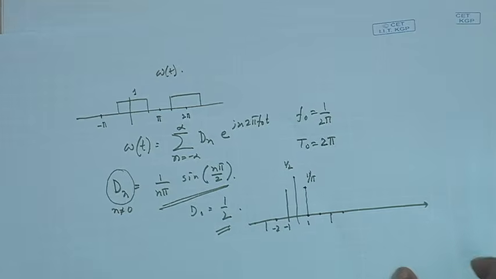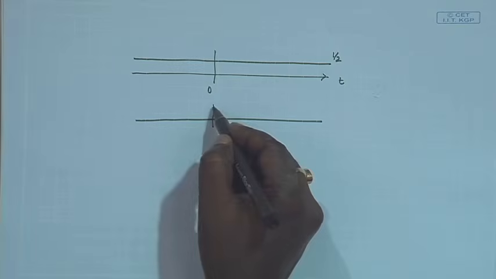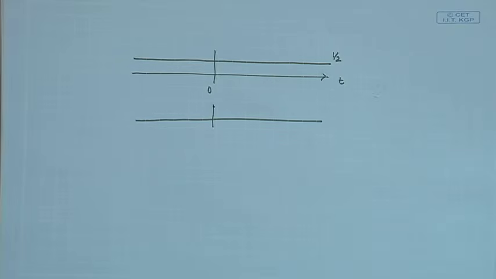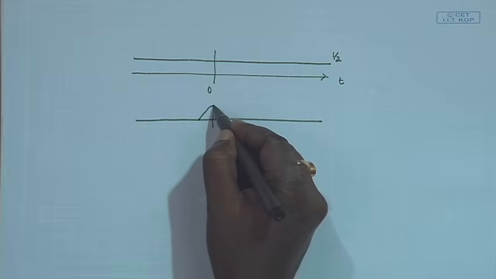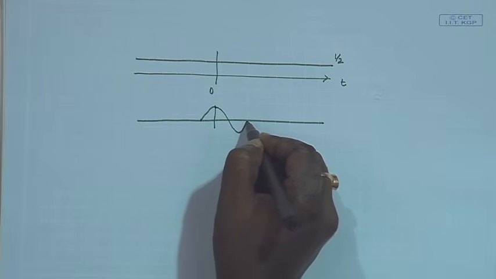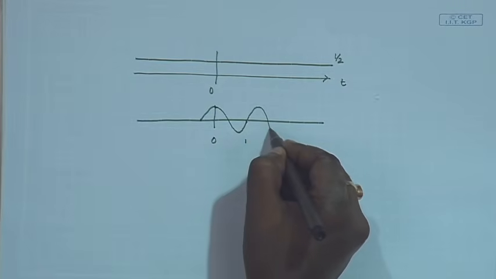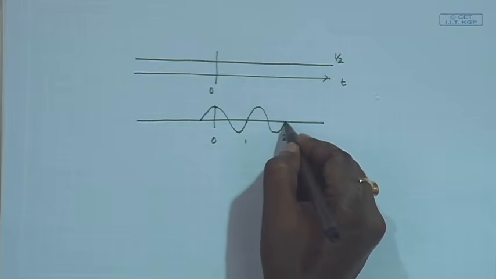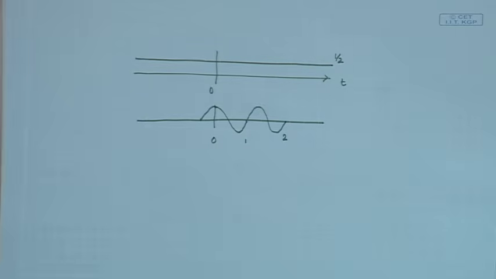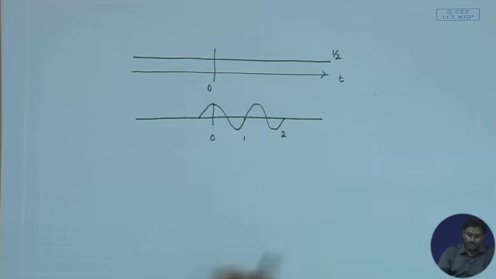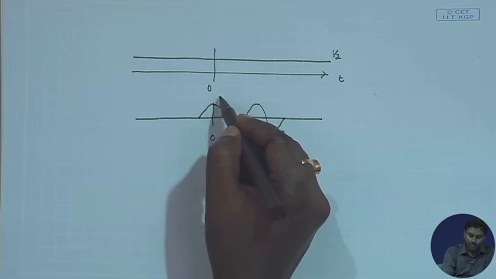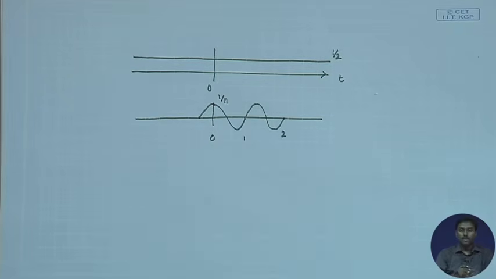So, all we have to do is draw a cosinusoidal of frequency 1, that means the period is 1. So, if this is 0, this must be 1 and so on, it repeats after every this one. So, the period is 1, and the strength should be 1 by pi as we have got. And remember, because the phase is 0, the cos actually starts from here only, with 0 phase.